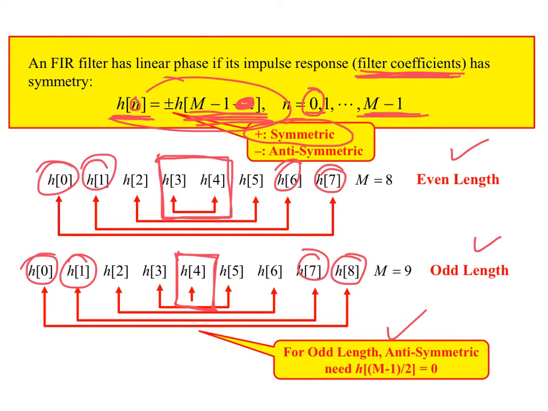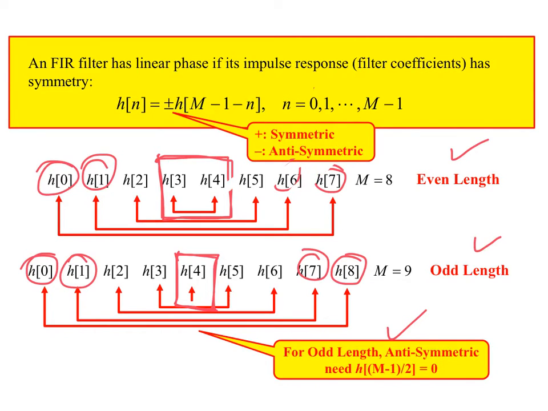Where we have an issue to address is when we have an odd length with the anti-symmetric characteristic. And so when we have that situation, for the m equal to 9 case, we'll be saying H4 must be equal to negative H4.